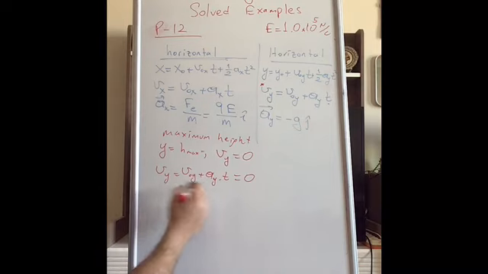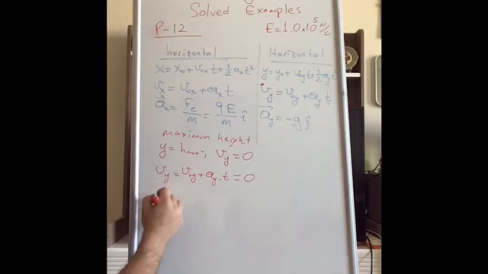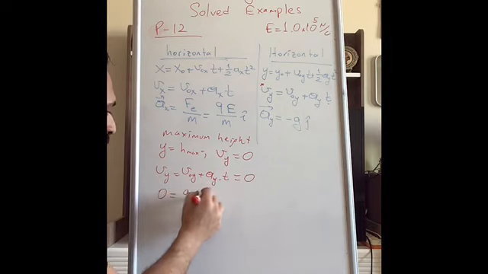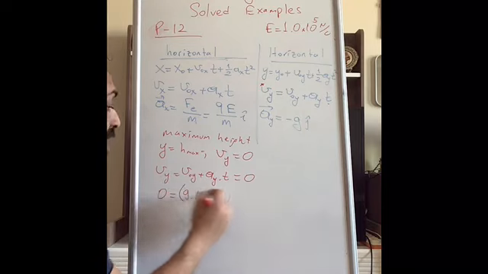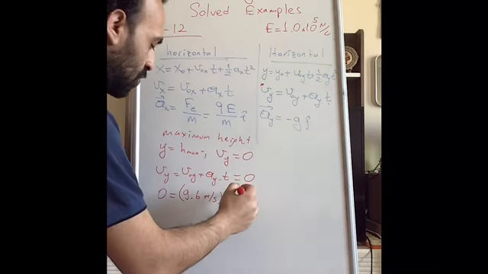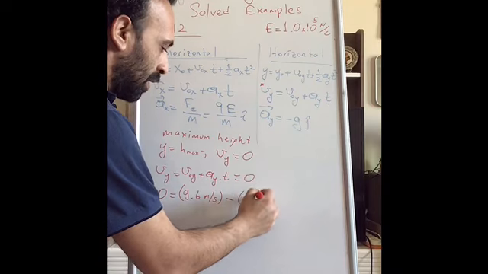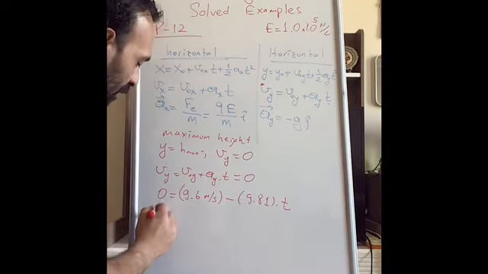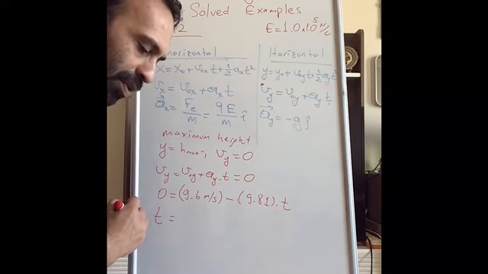So from here, 0 will be equal to what we found for the y component, 9.6 meter per second, minus, because the acceleration is minus g along the vertical motion, 9.81 times t.